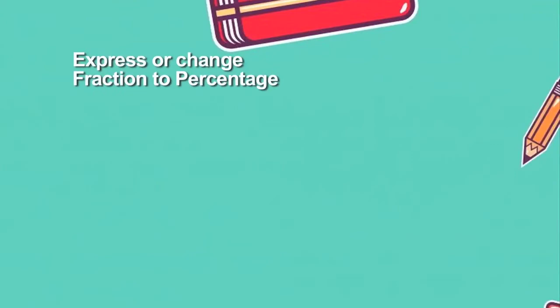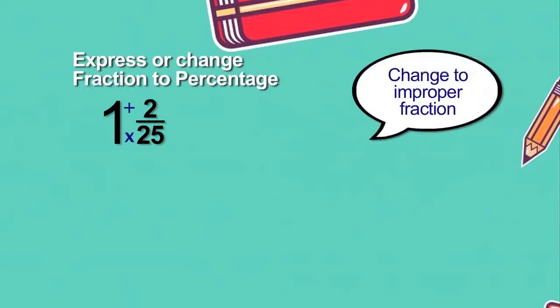Next, how do we change mixed number to percentage? For example, 1 2 out of 25. First, you need to change the mixed number to improper fraction, which gives 27 out of 25.